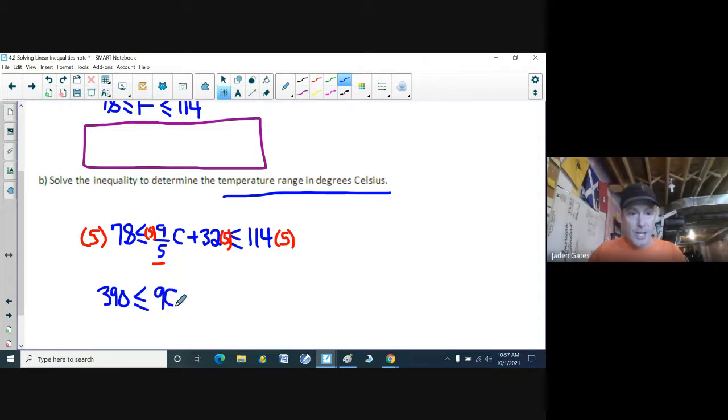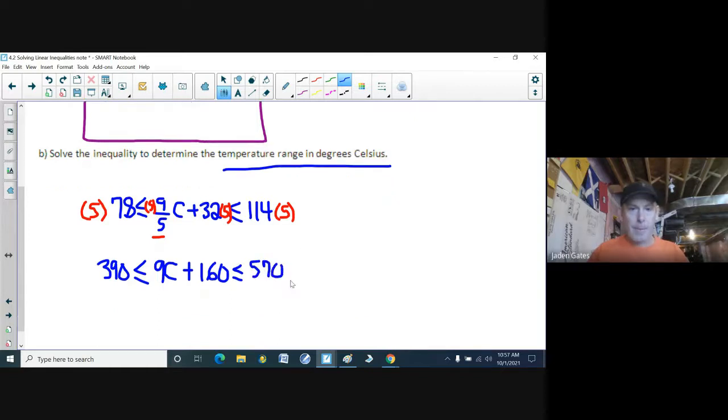So I got a 9C here, plus 32 times 5, it's 160, is less than or equal to 114 times 5, which is a huge number. It's 570.